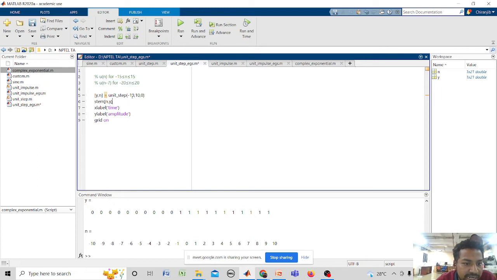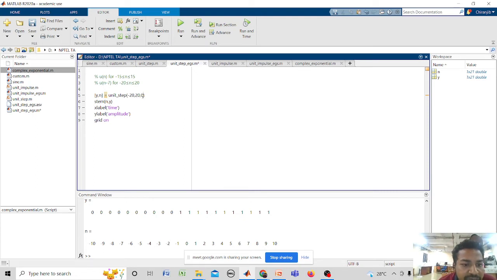So here a is equal to minus 20 and b is equal to plus 20, and as we want to plot u of n minus 7, it means we want to plot a graph of this function where the value will be 1 from plus 7 to infinity, and the value will be 0 from minus infinity to plus 7.